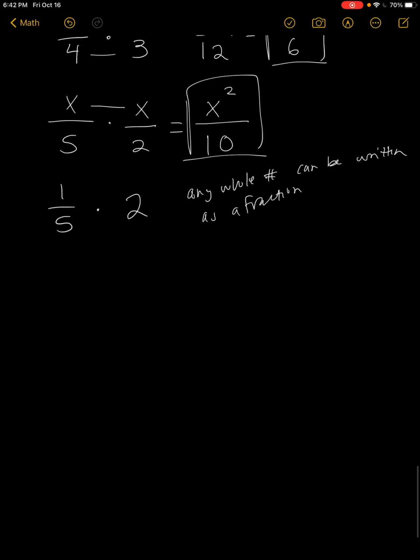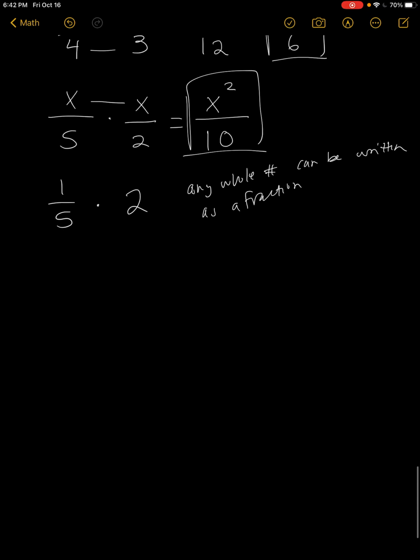The way we do that is just by putting it over 1. So if you think of what 2 is, we have the number 2. If I divide 2 by 1, what do I get? I get 2. So that means the whole number 2 is equal to the fraction 2 over 1. So I can make any number a fraction by putting it over 1.